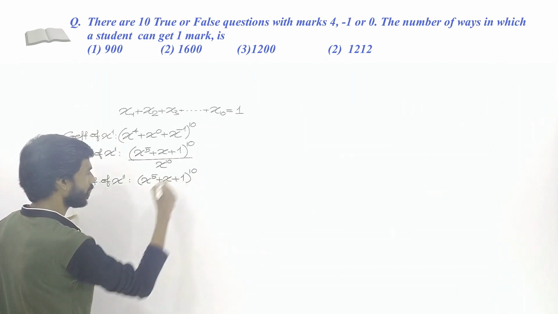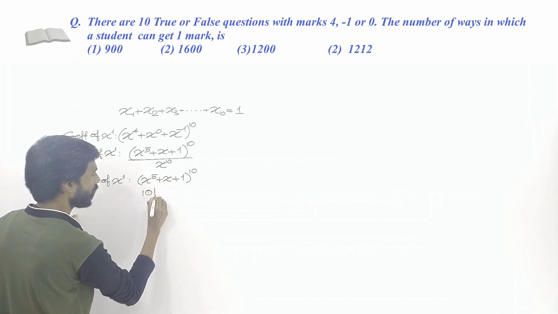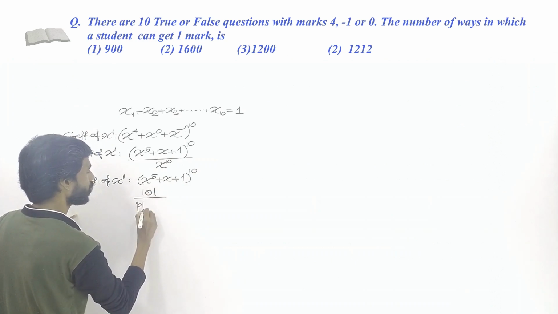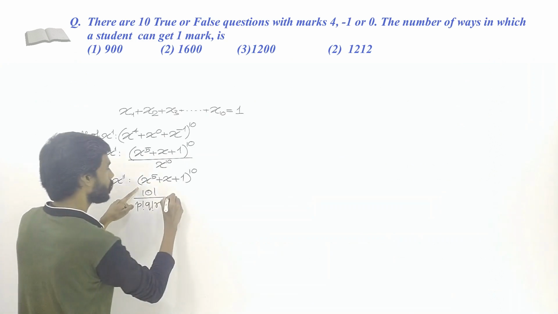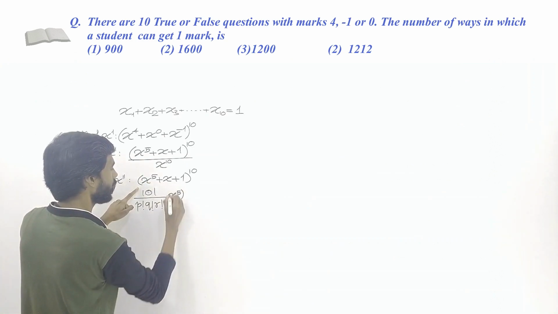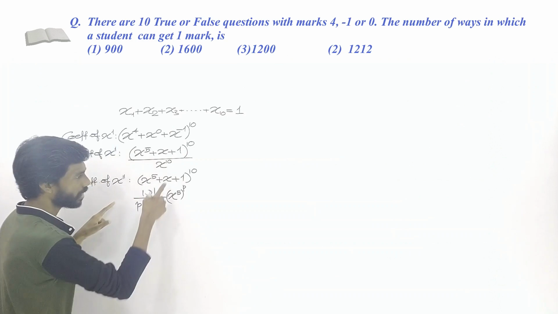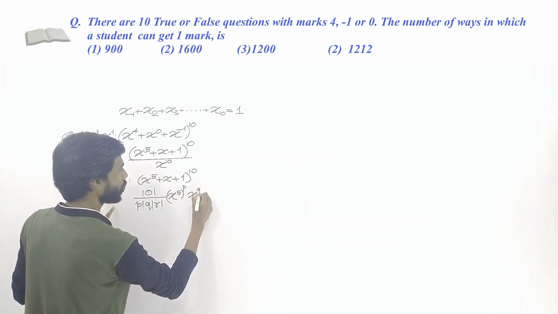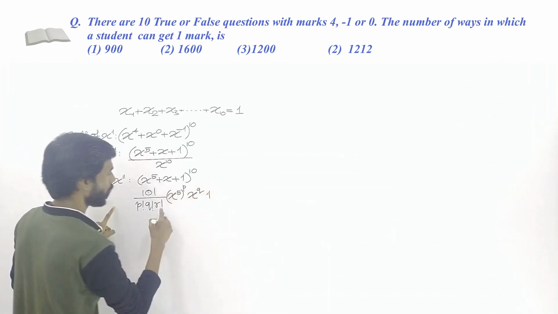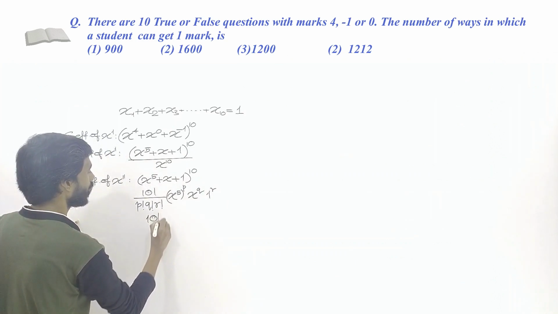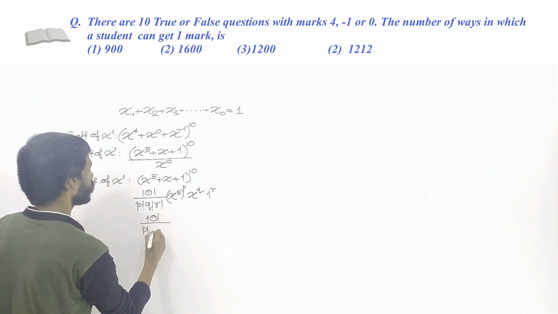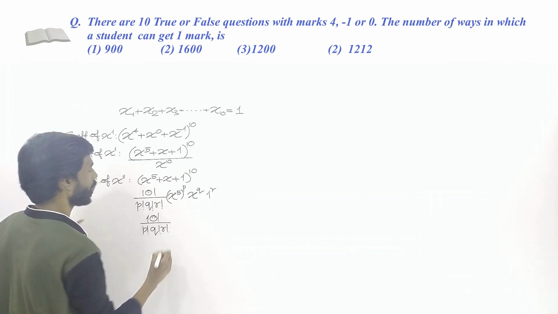The power is 10 here, so this is 10 factorial divided by p factorial, q factorial, r factorial, and this term to the power p, which means x to the power 5, the whole thing to the power p, and similarly the second variable x to the power q, and similarly 1 to the power r.